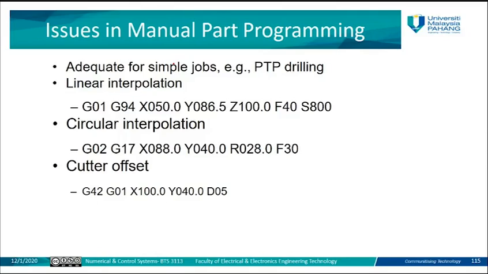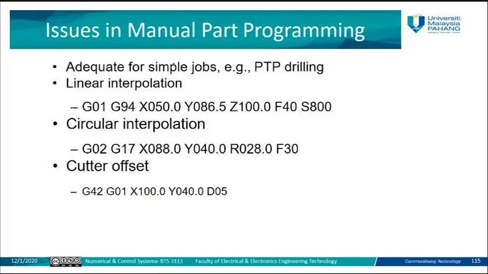I mean, directly input the program manually into the MCU of the CNC machine, and then execute the program. But if you have a more complicated program or more complicated drawings that you want to develop G code for, it's better to go for one of the other available types of programming.